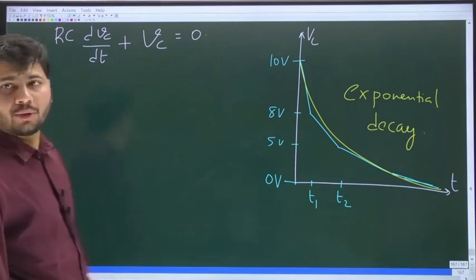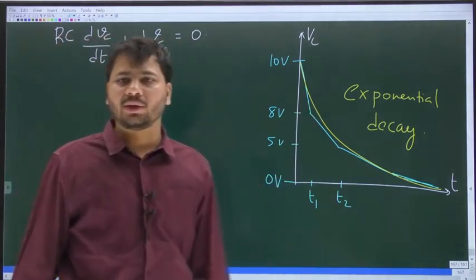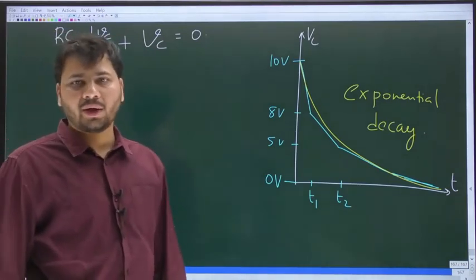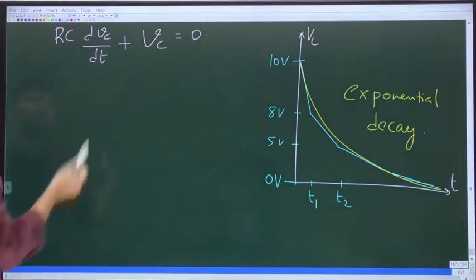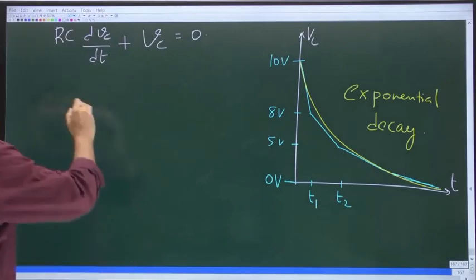Now let us try to get an equation for this Vc variation as a function of time. Okay, RC dVc by dt plus Vc equal to 0.